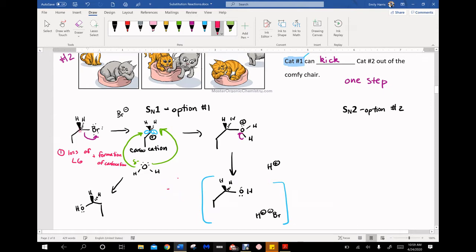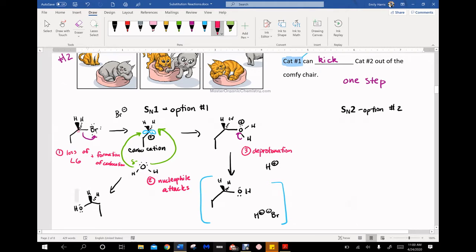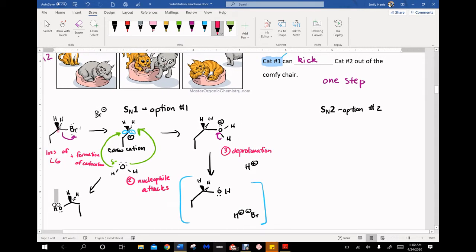And then third step is the attack of, or second step now, I guess, is the nucleophile attacks. And the attack just means it's coming to interact with. And then finally, kind of the last step is we have deprotonation. So we lose that hydrogen.